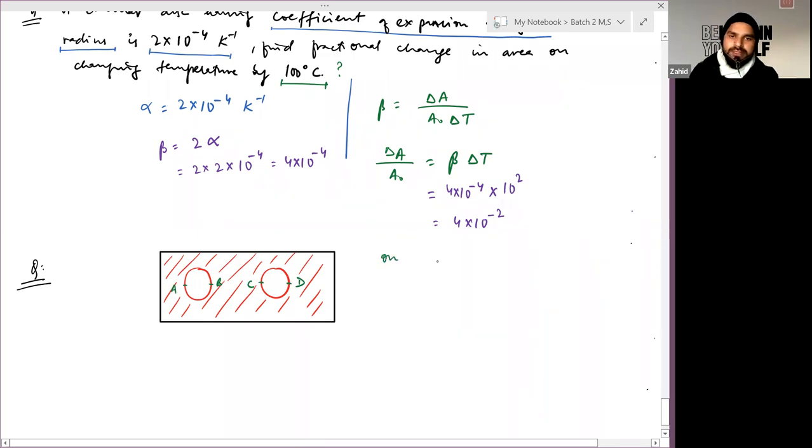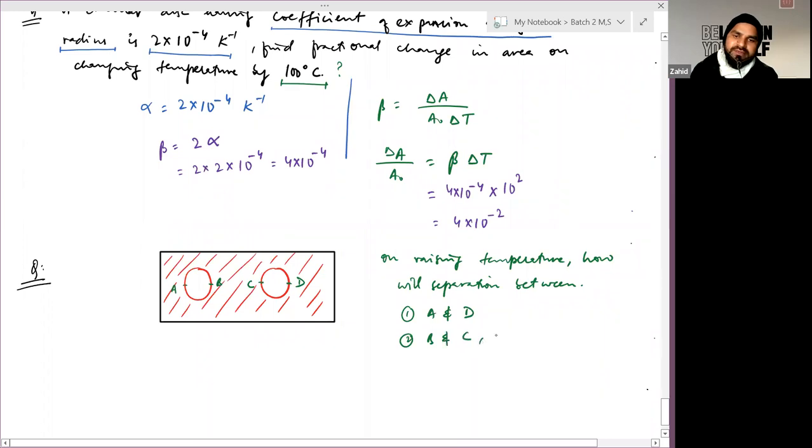So on raising temperature, how will the separation between A and D, B and C be affected? Just think.